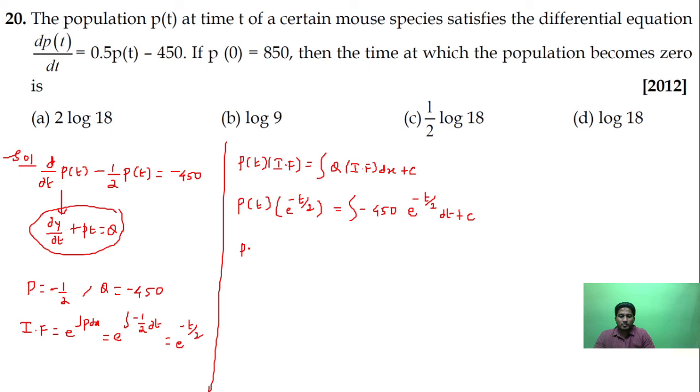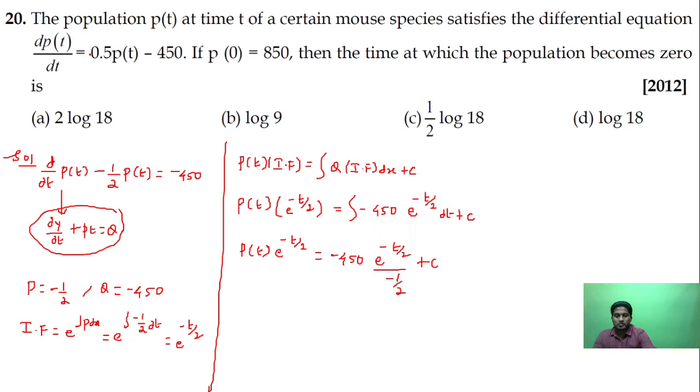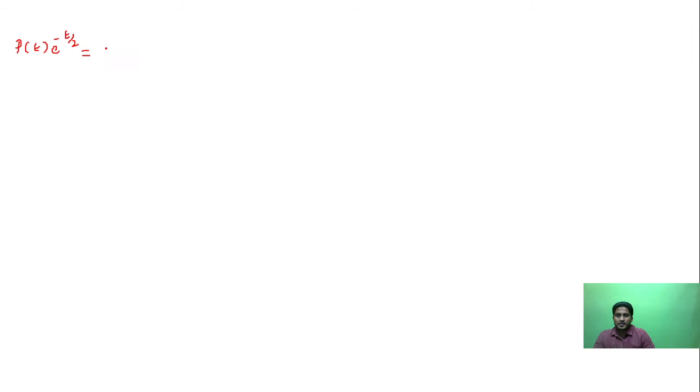So this is p of t e to the power of minus t by 2 is equal to minus 450. If I integrate this, you get e to the power of minus t by 2 upon minus half plus c. So this goes to the numerator, you get 900 e to the power of minus t by 2 plus c.